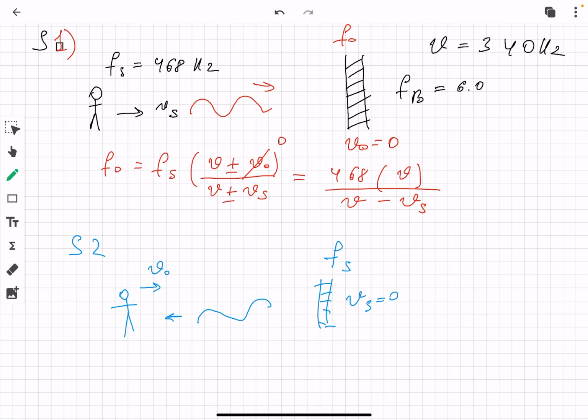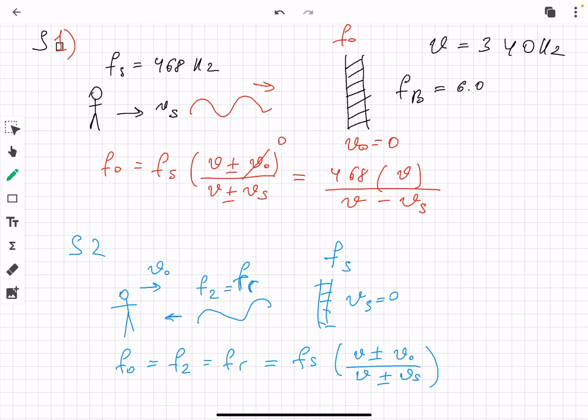Now let's write down the equation. The frequency of the observer, or let me call it frequency 2, the frequency of the reflector, is equal to the general formula, which is the frequency of the source times V plus or minus V observer, divided by V plus or minus V source.